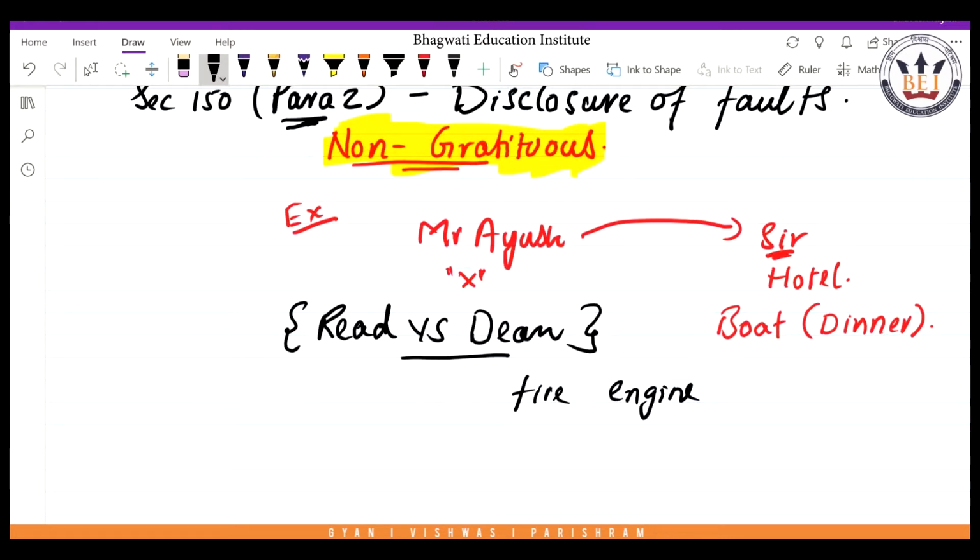There is some issue in the engine due to which the boat catches fire. So over here the boat catches fire and Ayush jumps into the water. Ayush's wife also jumps into the water. Now over here, can Ayush file a suit?